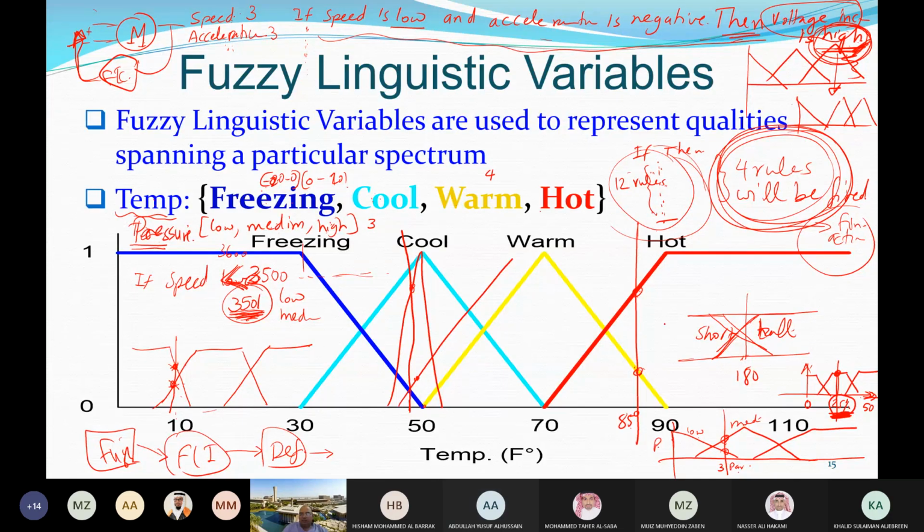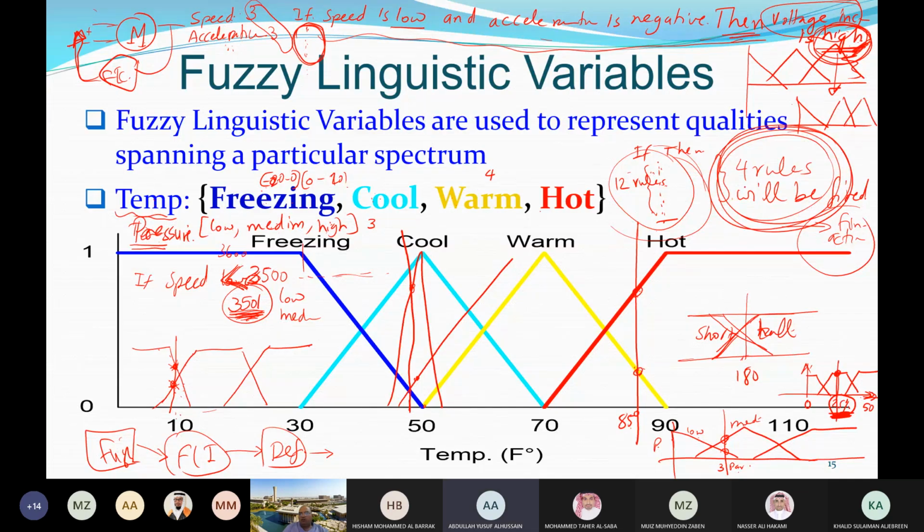And when we measure a certain value for the speed and acceleration, definitely each value could belong to, for example, two linguistic values here, I mean low and medium, for example. So you will fire 4 rules here, out of the 9 rules, you will fire 4 rules for a certain value of the speed and the acceleration.